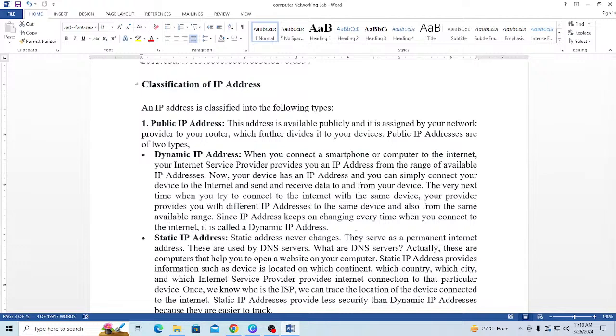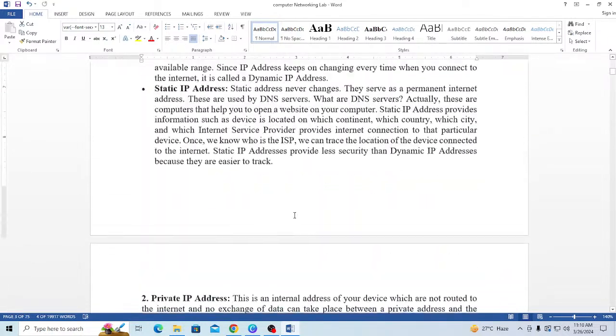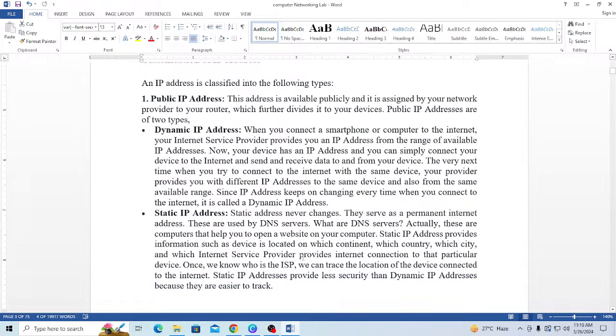The public address. In every task and every method we have two types of accessing. One is public, second one is private. And allocation and deallocation methods mean how we can access that particular data from source to destination by providing two methods. One is the static method, second one is the dynamic method. So when we follow the static method, there are no changes.